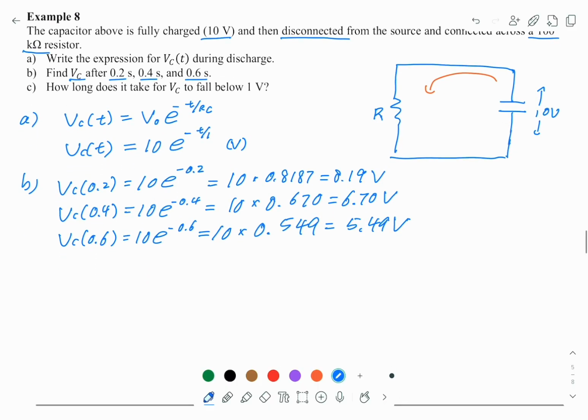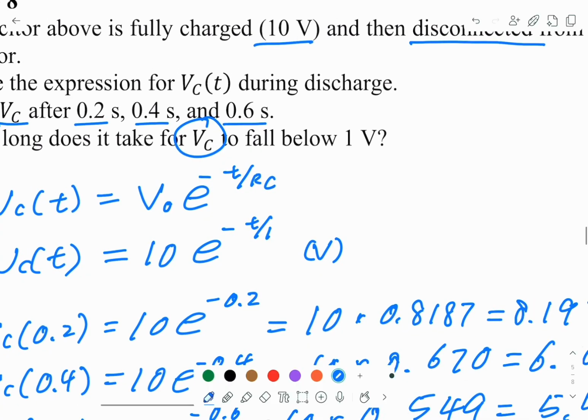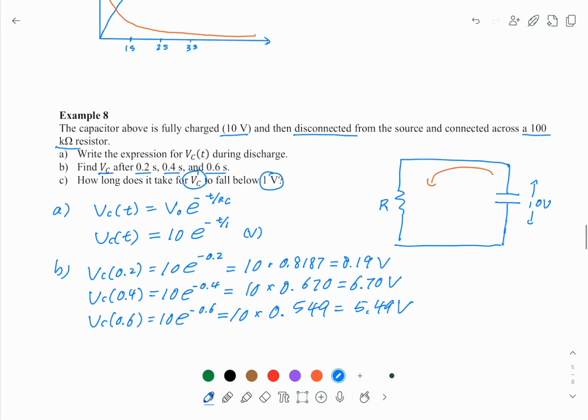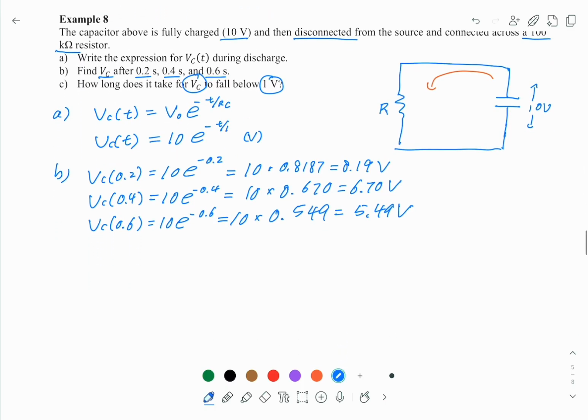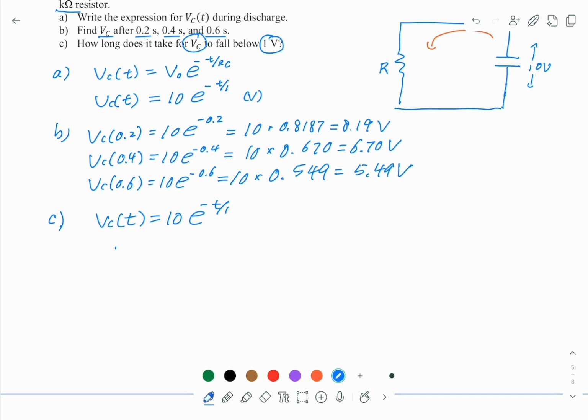Okay, how long does it take for Vc to fall to 1 volt? Now let's solve this equation. Vc as a function of t, 10 e to the minus t over 1, and we want this equal to 1.